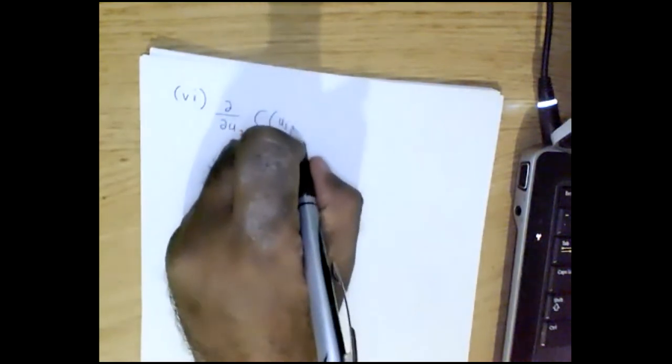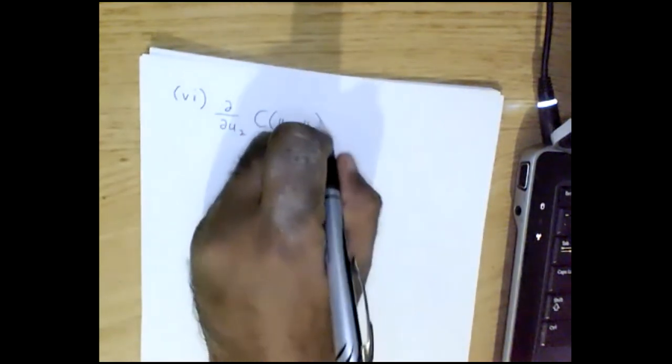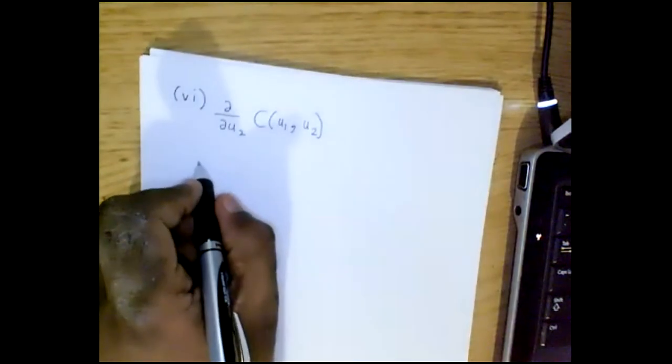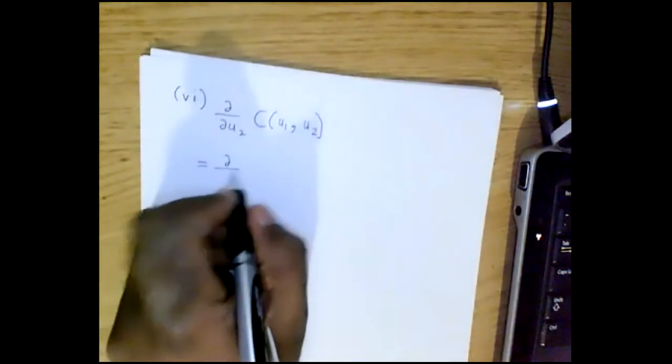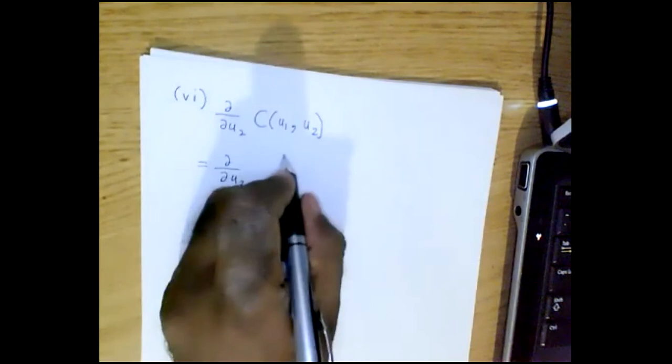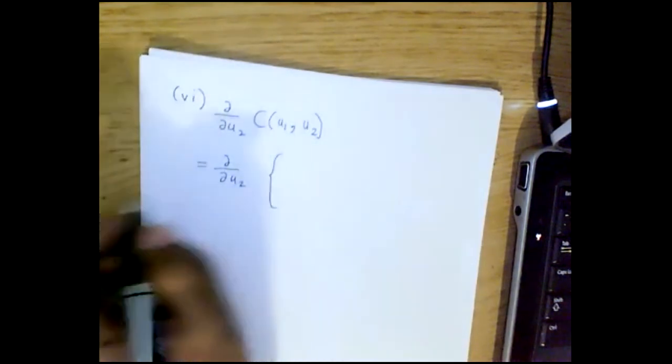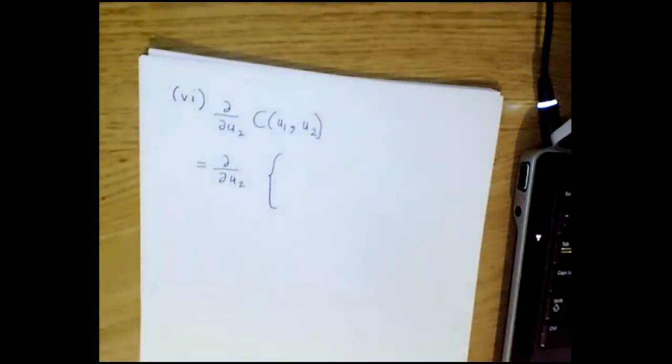Here we're going to take the partial derivative with respect to u2, right? So this is going to be the partial derivative. Once again, you need to separate out the two cases, right?